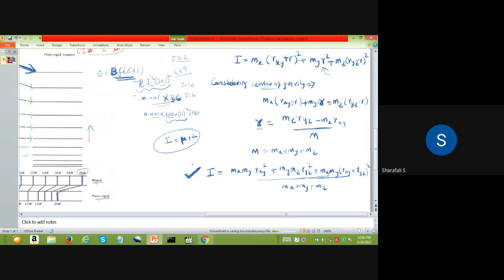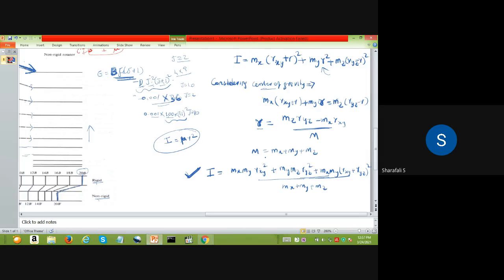For a linear polyatomic molecule with more than 3 atoms, we have to look for the moment of inertia of that system in the same manner. We will have some complicated moment of inertia equations when you go for molecules with a higher number of atoms.